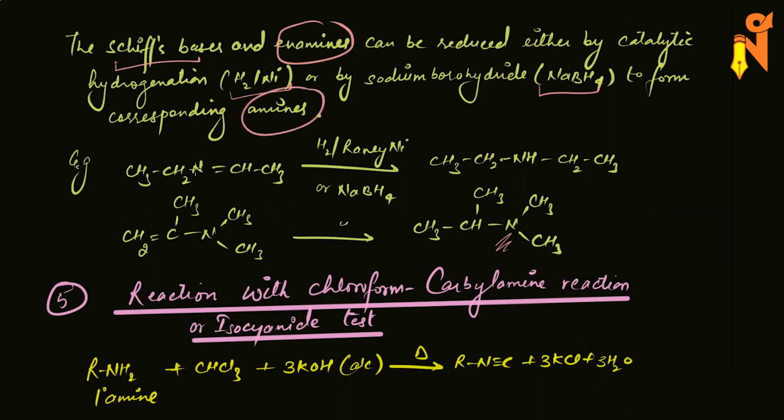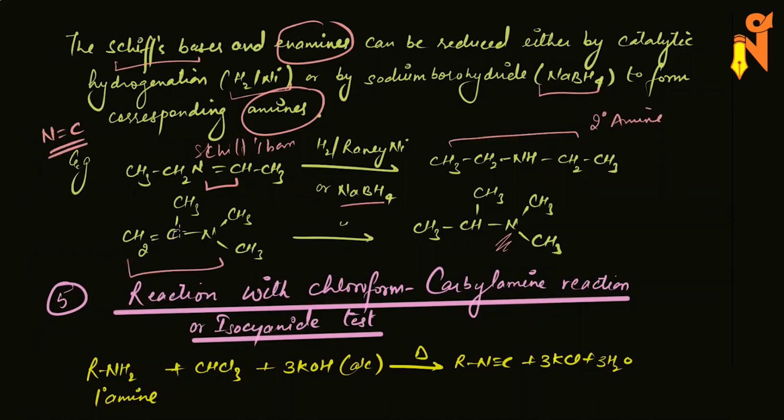For example, look at this. This is a Schiff base. A Schiff base is where there is a double bond between nitrogen and carbon. I can reduce it using hydrogen with nickel or NaBH4, and the double bond will break and the hydrogen will get added here. So this will form my secondary amine. Look at this molecule. Here there is a single bond between carbon and nitrogen, and the double bond is between carbon and carbon.